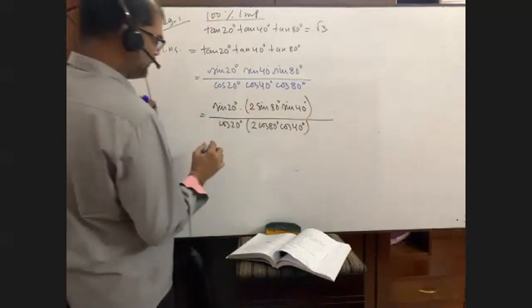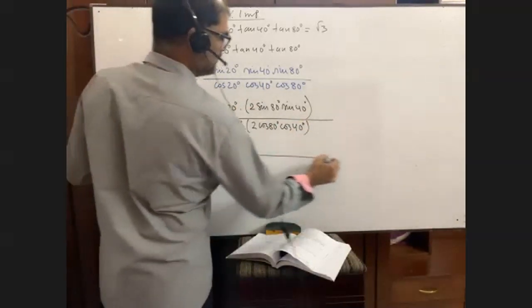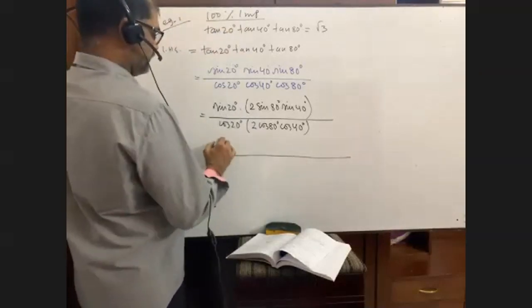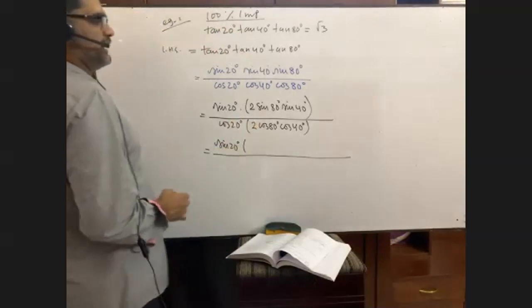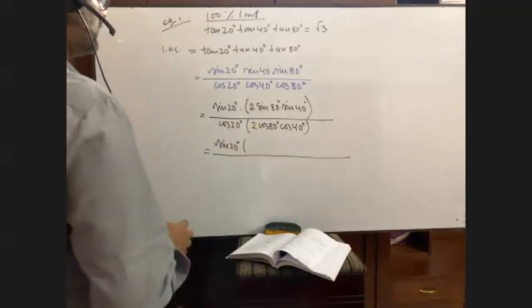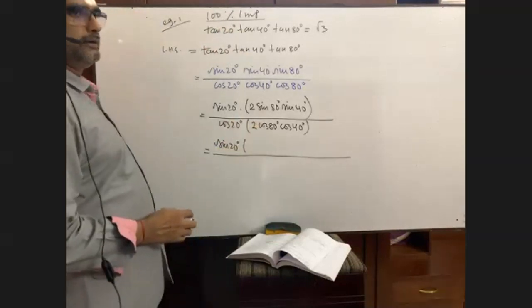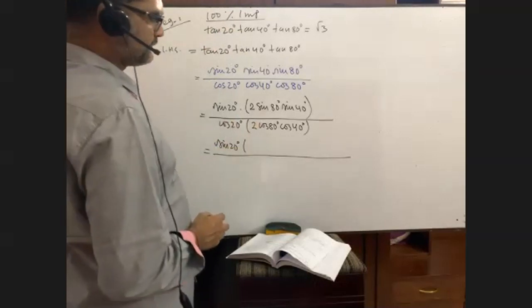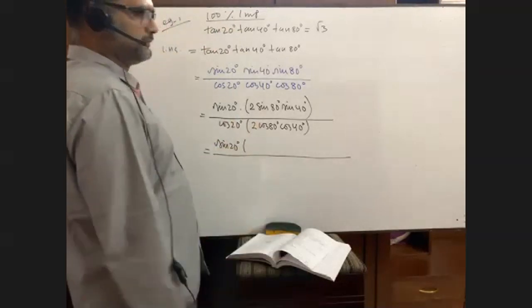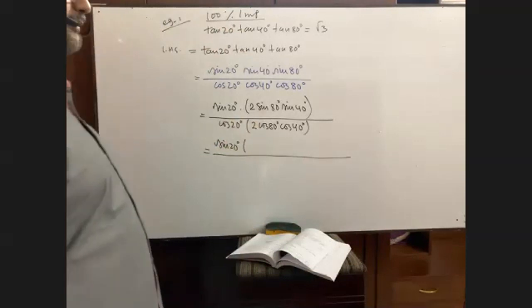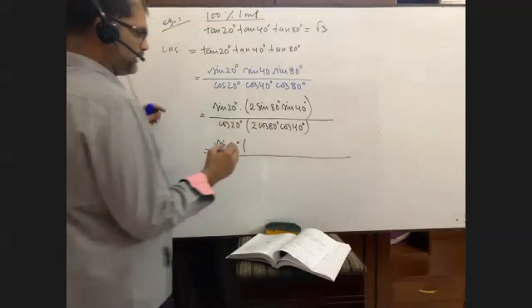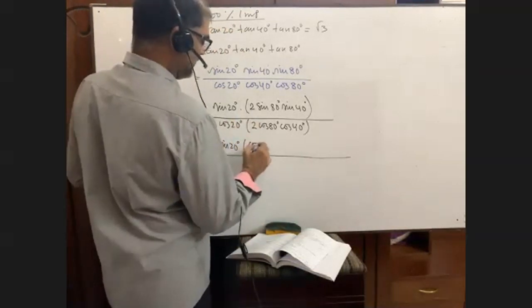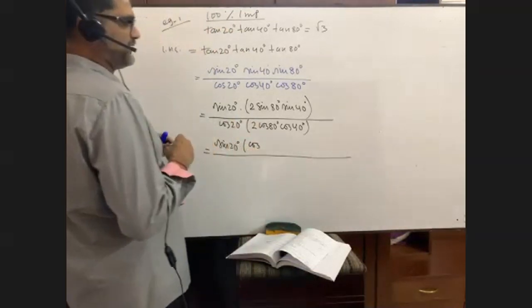Now we put it into formula. Sine 20 degree. What is the formula? 2 sine A sine B. Formula number 8. Cos A minus B minus cos A plus B. What is A minus B?